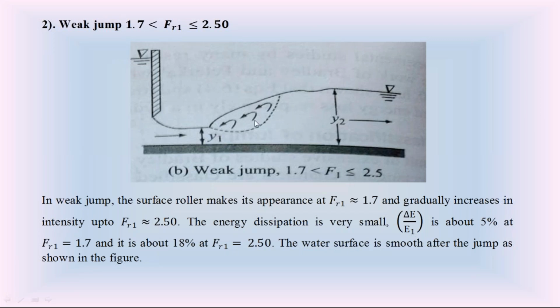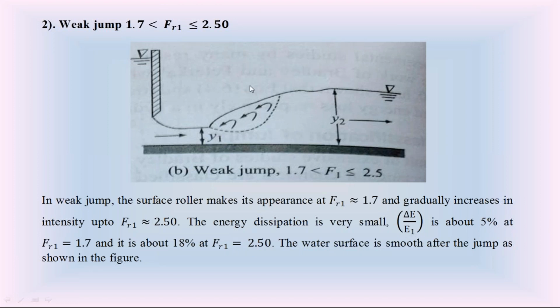In this hydraulic jump, when the Froude number is 1.7, the energy loss ratio delta E by E1 is 5%, and at a Froude number of 2.5, the energy loss ratio delta E by E1 is 18%.